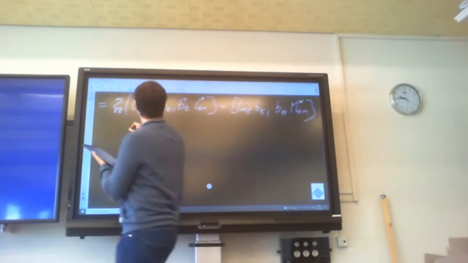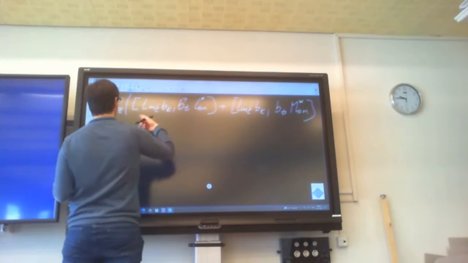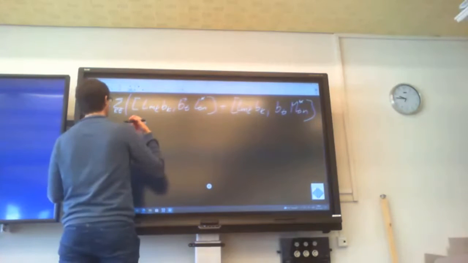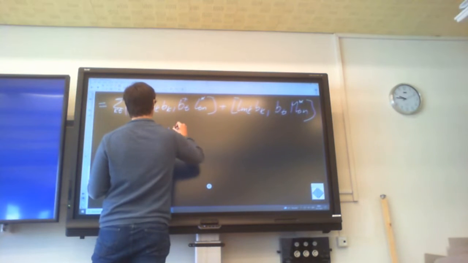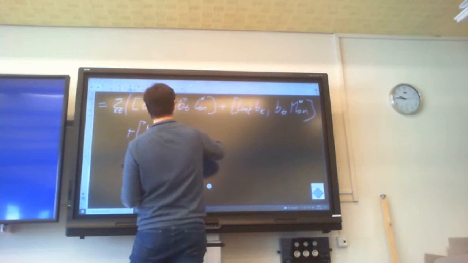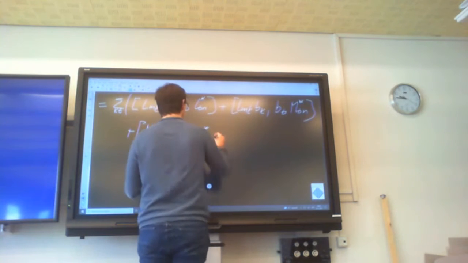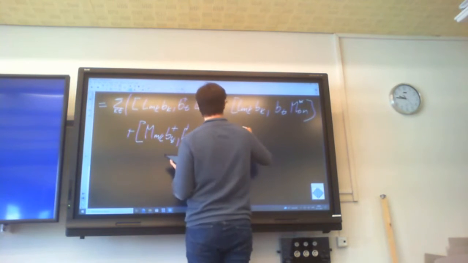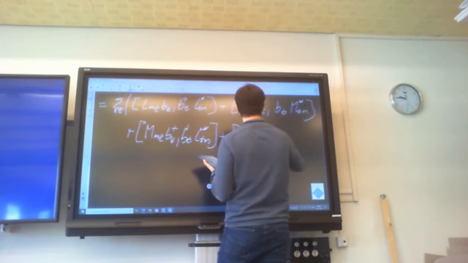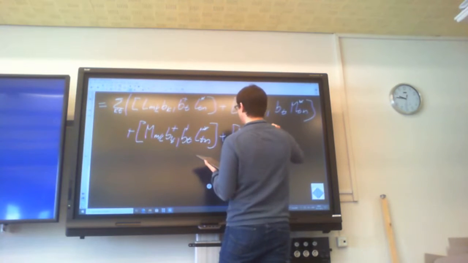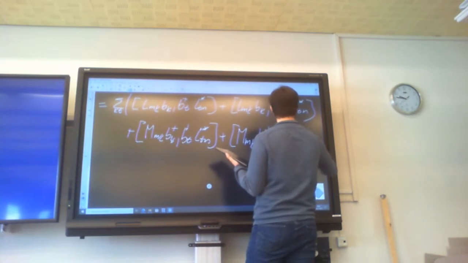The third part in our sum is taking from the first part of the commutator the second term, which is M_{nk} b_k dagger, and here we take this again, the first term.